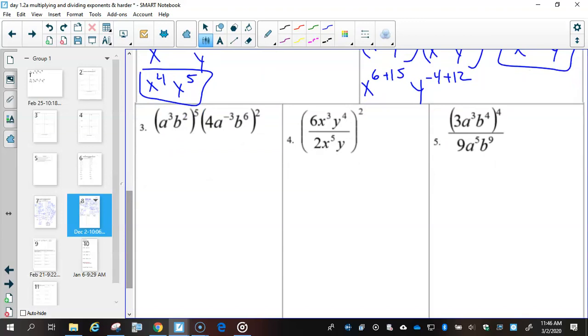So here we can actually divide 6 divided by 2. If we are dividing our like bases, what are we doing with our exponents? Subtracting. And what is our exponent for this y?